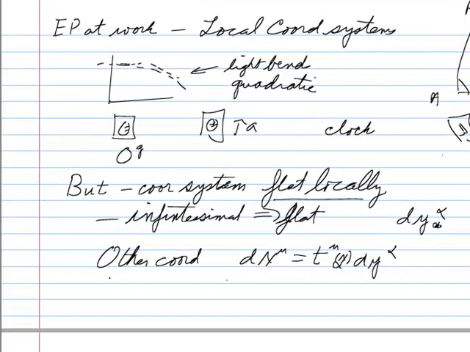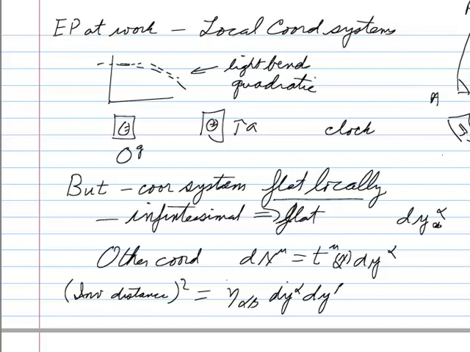If we had little invariant distances, squared is eta alpha beta, dy alpha, dy beta. In our original coordinates, that ends up being eta.